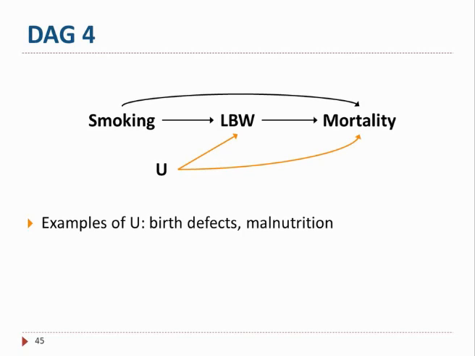So here, you might start thinking, well, there's got to be something else going on. Smoking through low birth weight and independently cannot be the only causes of infant mortality at play here. And we do know that there could be some unmeasured factor here. We don't have an estimate of birth defects or malnutrition in this population, but we know that birth defects and malnutrition affect the birth weight distribution as well as the risk of infant mortality.